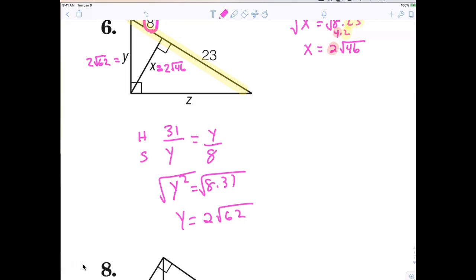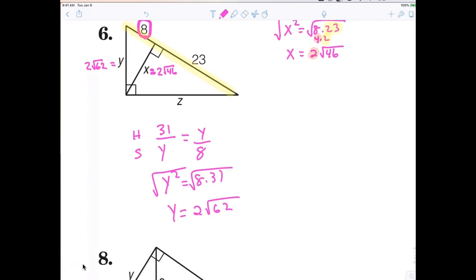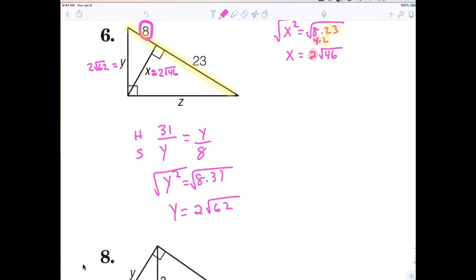All right? So now the only one I'm missing is what? So I'm just going to say z over 31. So 31 is the what? And z is the long leg. All right? So now equals 2, and that was the big triangle.